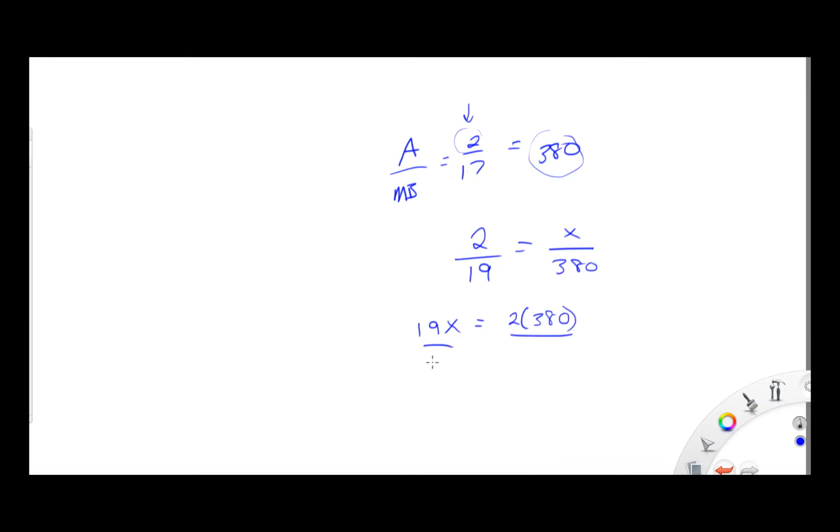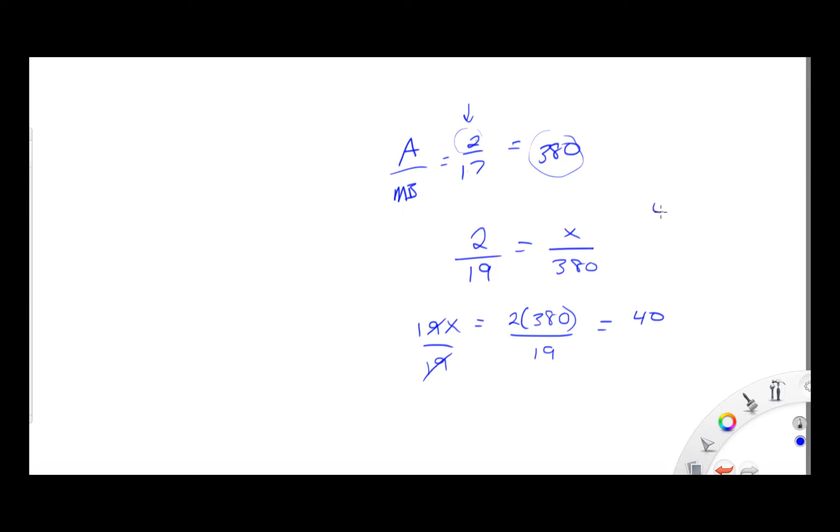In order to get rid of the 19 and have x by itself, we're going to divide both sides by 19. x equals 2 times 380, which is 760, divided by 19, and that's going to give us a total of 40.